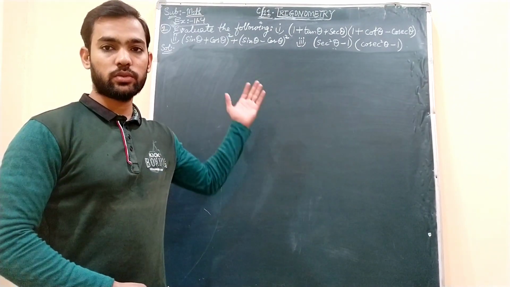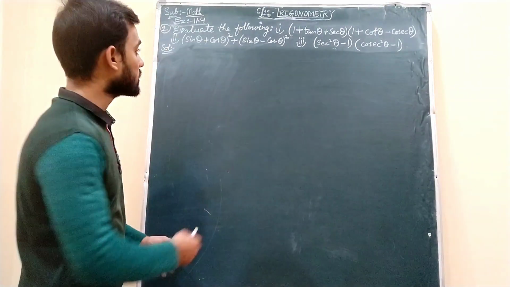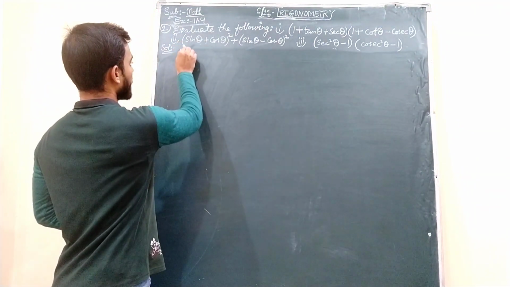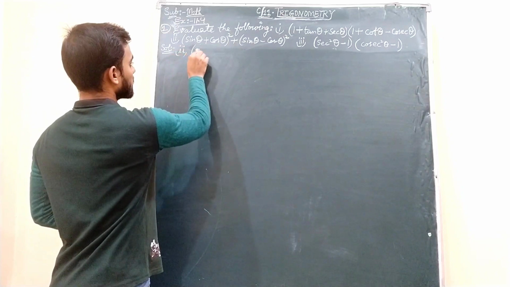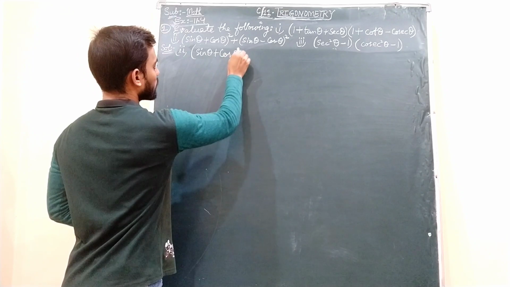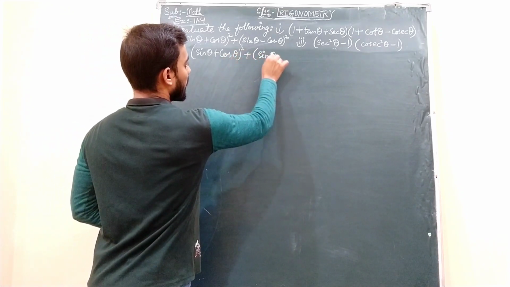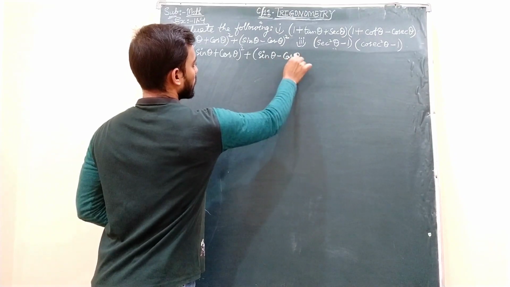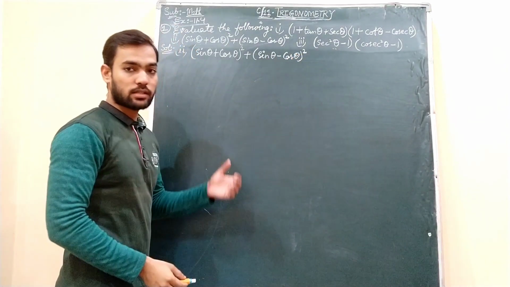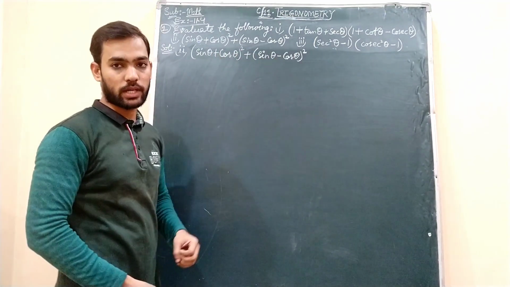Now proceeding to bit number 2 and 3 of question number 1 of this exercise, students. Bit number 2, as it is expression we will copy. Sin theta plus cos theta whole square plus sin theta minus cos theta whole square. As we have learned just now, it is like a plus b whole square and it is like a minus b whole square.